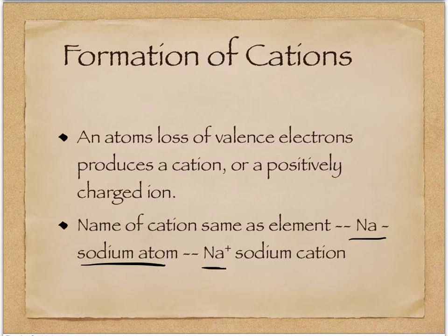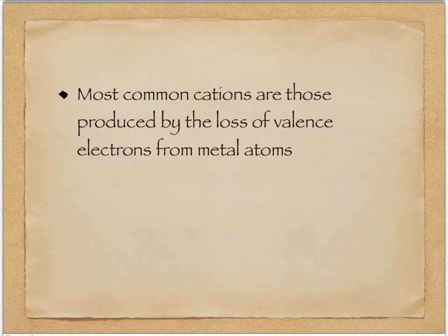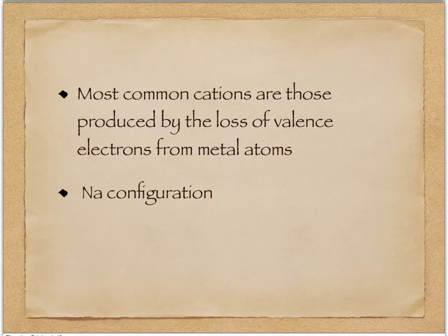If we create the ion, it becomes Na+, since we've lost that electron, and we simply call it the sodium ion or the sodium cation. So the name stays the same for a positive ion, a cation. Most of the ions formed this way are formed from metals. The metals are the ones that lose the electrons.